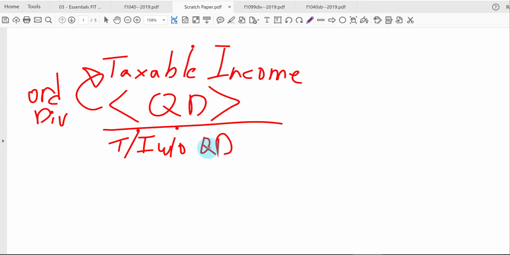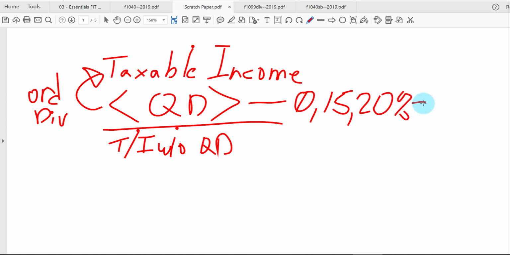Now what we're going to do is tax this qualified dividend either at 0%, or for most people 15%, or for the very rich people 20%, to get a tax on the dividend.